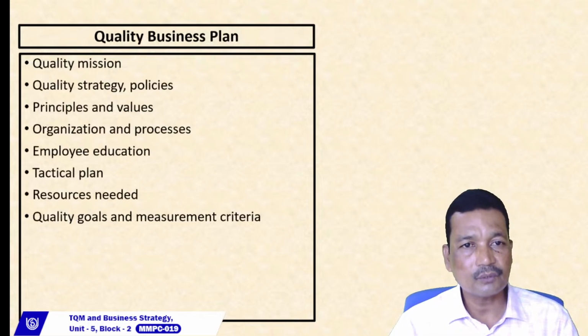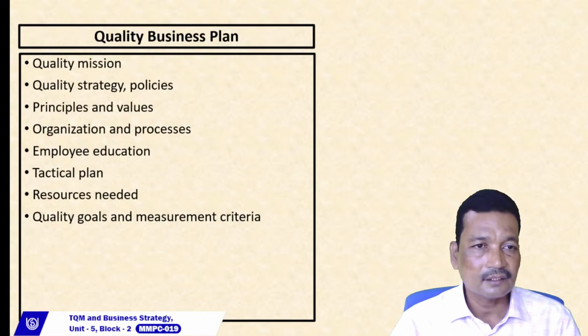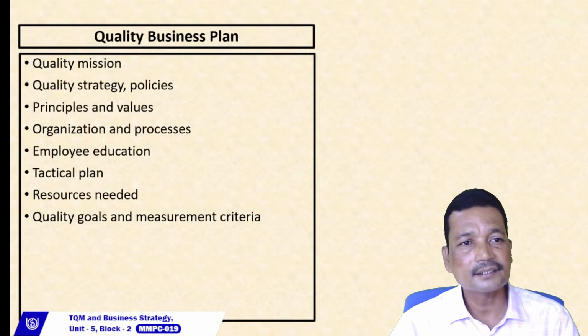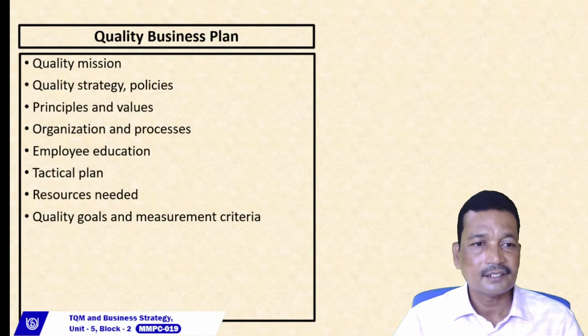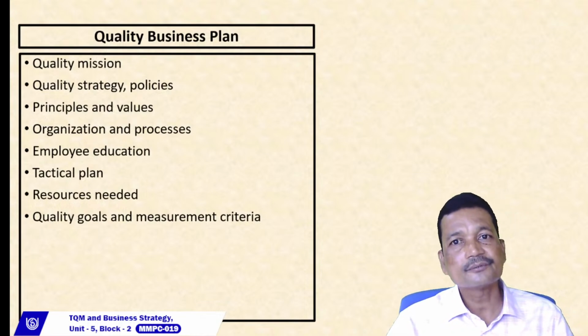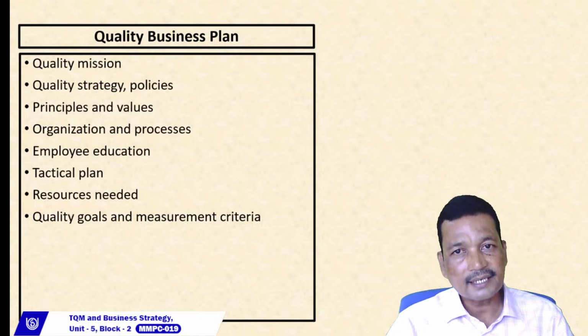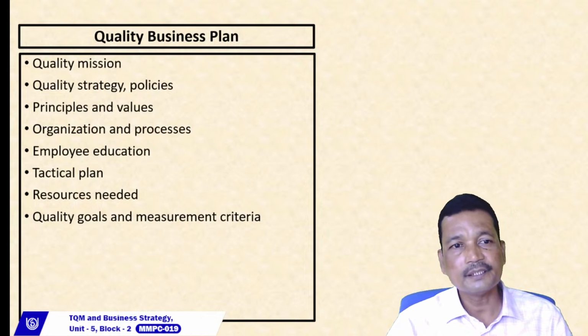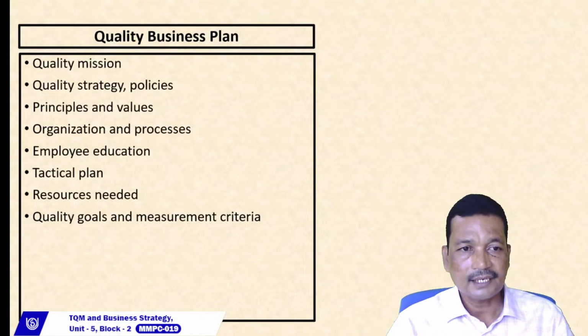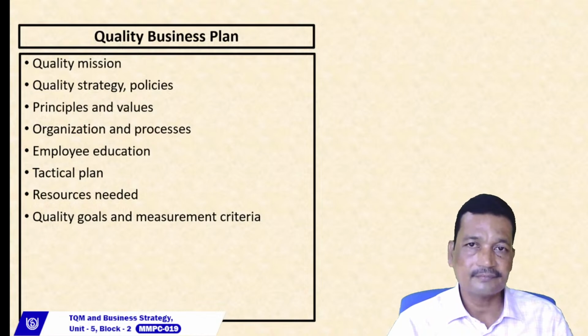Now, when you are going for a quality business plan, the things that we should bear in mind are what should be the mission, and in order to go for the mission, what should be the strategies and policies to be adopted. Now, the principles and values which will drive the quality plan in the organization should be laid down for the organization as a whole, and it should trickle down to the processes.